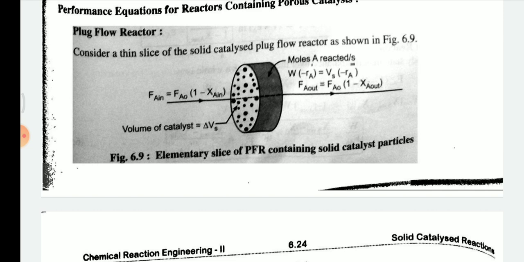So Fa out is equal to Fa0 into 1 minus Xa out, over a volume of solid catalyst delta Vs. The figure indicates an elementary slice of the PFR, an elementary slice of plug flow reactor, containing solid catalyst particles.